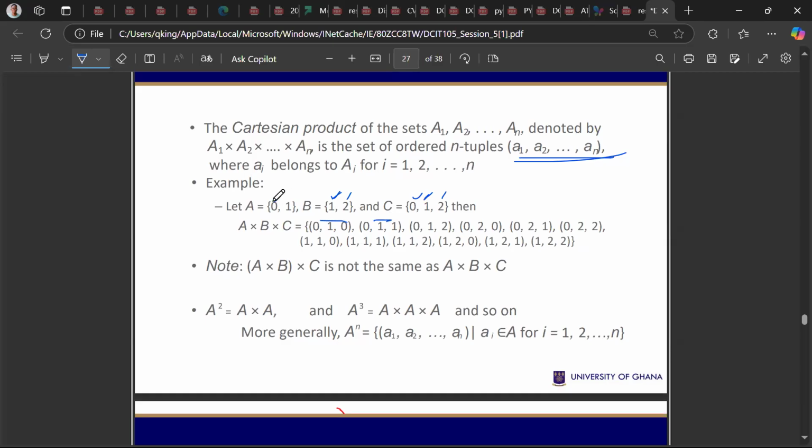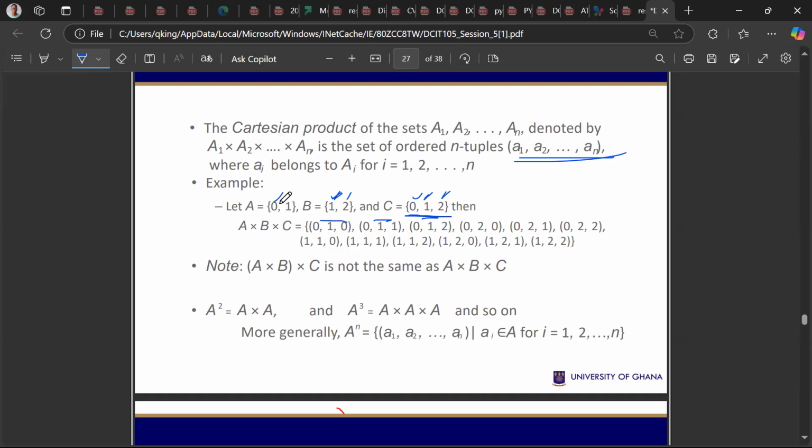And then the next one, still on the 0, 0 is being paired with 1 once again, and then with 2 here, just as we see in this bracket. And now we've exhausted this.